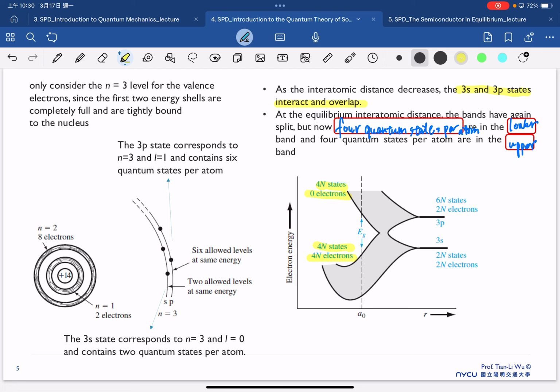So why are the 6N and 2N here? That's the sp. So we have 6N and then 2N here.